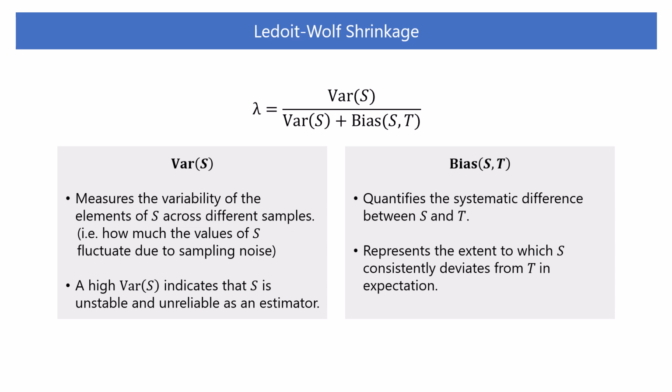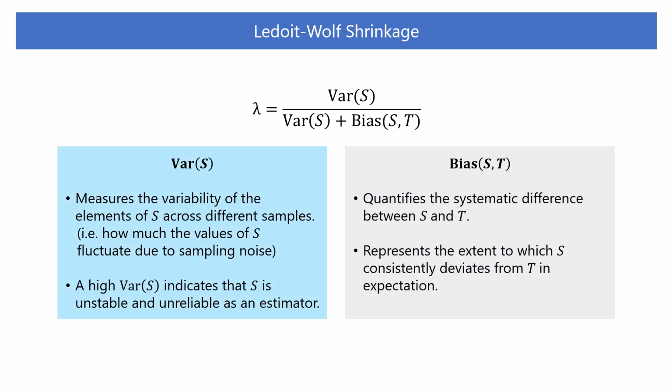The Ledoit-Wolf shrinkage approach is widely used because it minimizes the mean squared error between the true covariance matrix and the sigma shrink. This Ledoit-Wolf formula provides an analytical solution for lambda. Here, the variance and bias terms are estimated from the data.